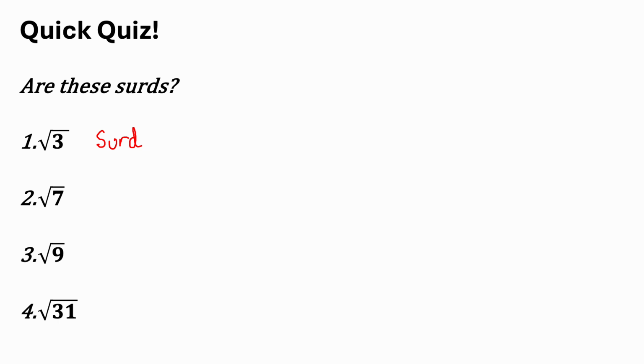Root 7 is a surd. Root 9 is not a surd because if you do the square root of 9, you get 3. And root 31 is a surd.